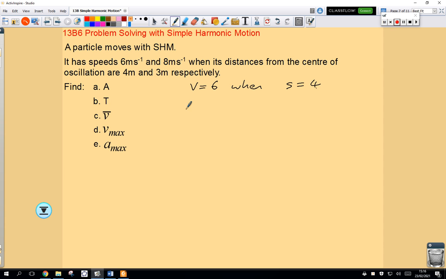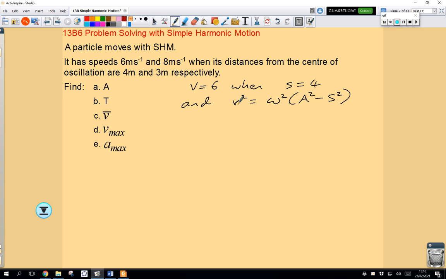And we know from our formulas that we derived, which are on page 54 of your formula and tables booklet, that V squared is equal to omega squared times A squared minus S squared. That's on page 54 of your tables. Make sure you can find it.